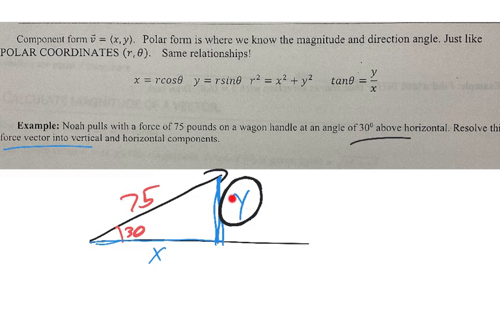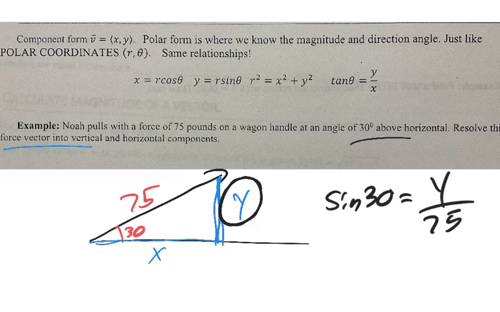Which trig function deals with opposite and hypotenuse? Sine. So sine of 30 equals opposite over hypotenuse. What is sine of 30? It's a half. So that means 2y equals 75, which means y equals 37 and a half.